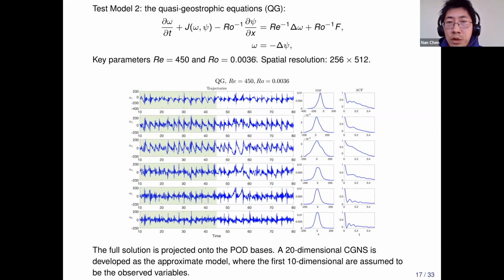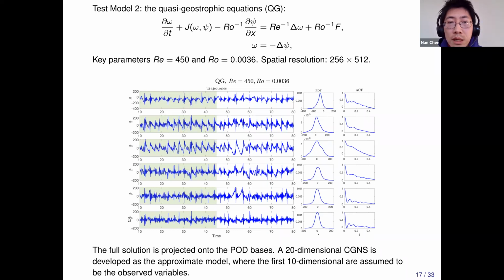If it's pretty small, that means your system will have fast oscillations or fast rotations. That's why you can see these rotations, oscillations in the time series. If you look at the probability density function, you can see this non-Gaussian behavior with this fat tail corresponding to extreme events. And also in other distributions, you have all these extreme events.